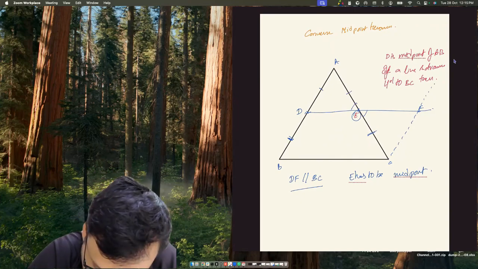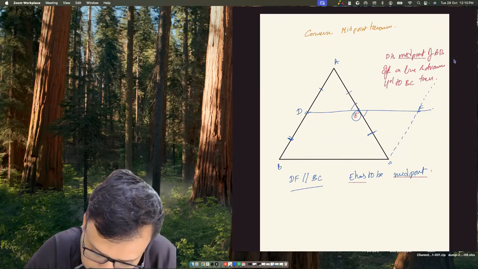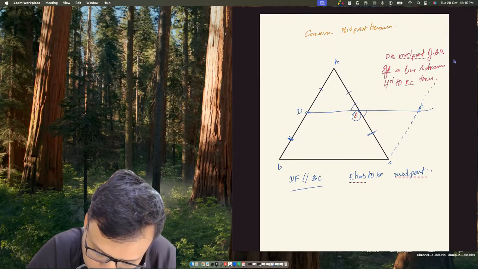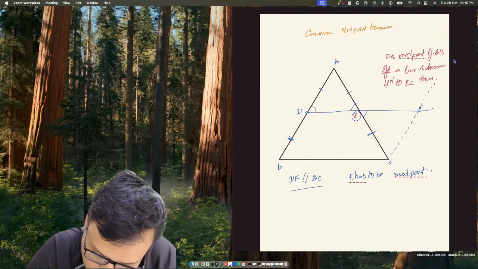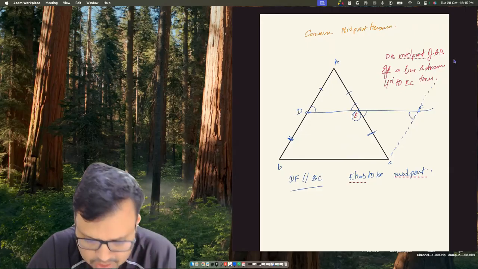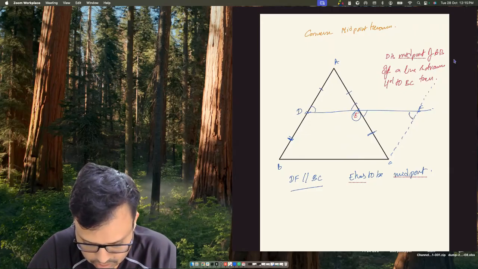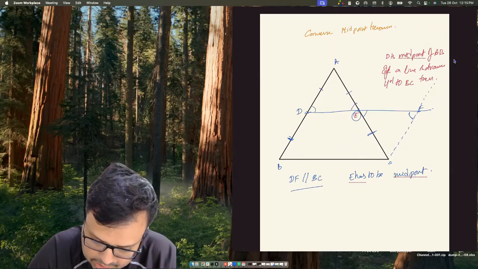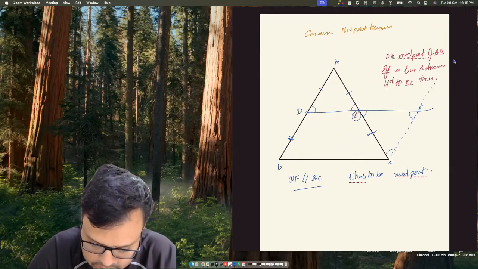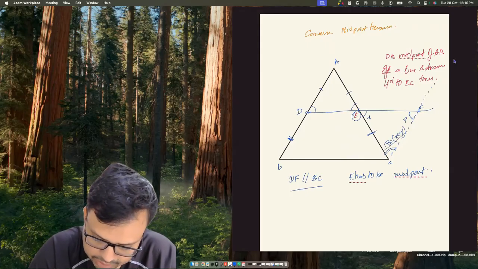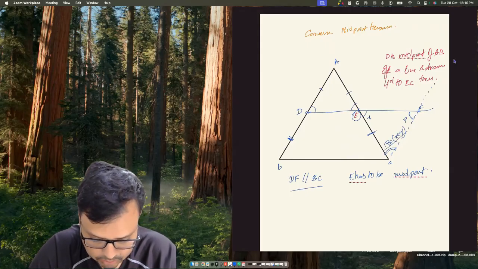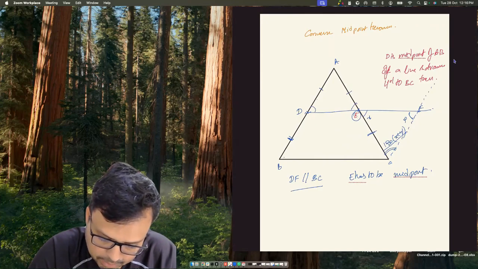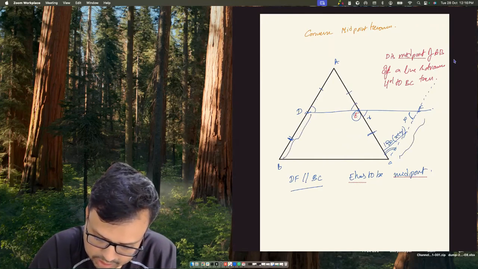One angle they have given anyway. So we have drawn again a parallel line CF, which is parallel to AB. So the second angle is also the same. As I said, if two angles are the same, the third angle also has to be the same, because if this angle is X and this angle is Y, this angle becomes 180 minus X plus Y. In the same way, because it's a parallelogram, you can always say that BD is the same as CF.